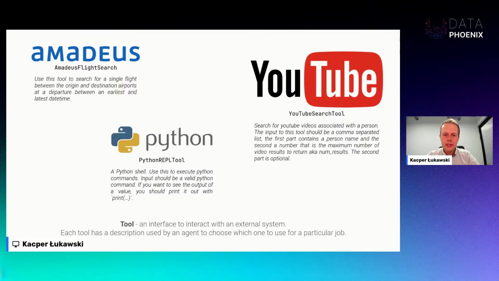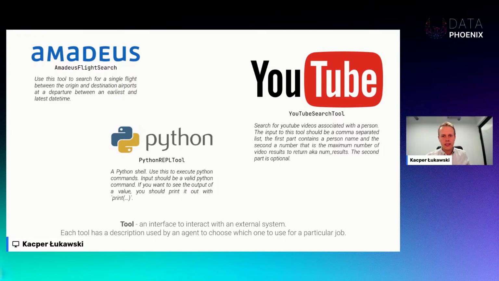There are many others, and the library provides you with dozens of different tools to be used, and every single tool has to have a description provided. This description is used by an agent that we build to choose a proper tool for a given task, and that's pretty cool because that allows you to speak with external services.